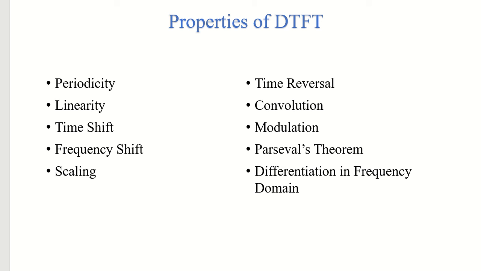Now again the linearity property works on the superposition theorem, we all know that. If I have a signal z of n, and z of n is the summation of a x of n plus b y of n, then whenever I derive the discrete time Fourier transform of z of n, this Z of omega will also be equal to a X of omega plus b Y of omega.